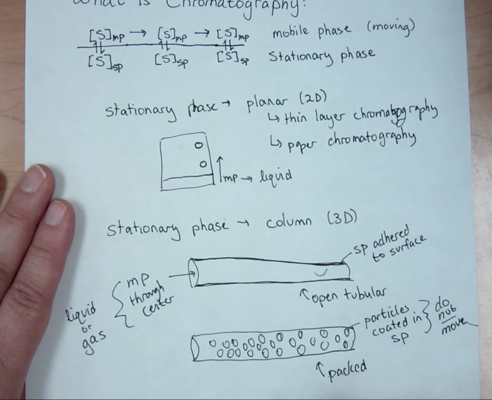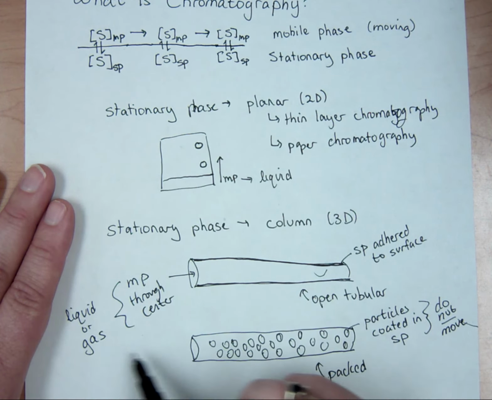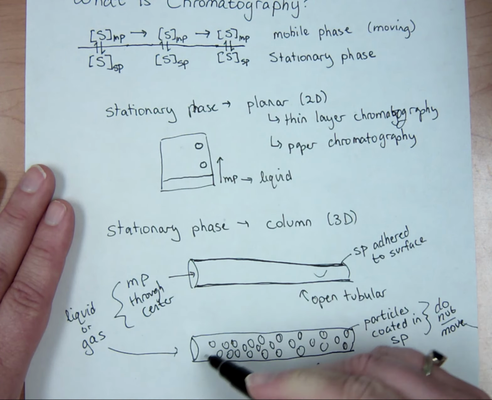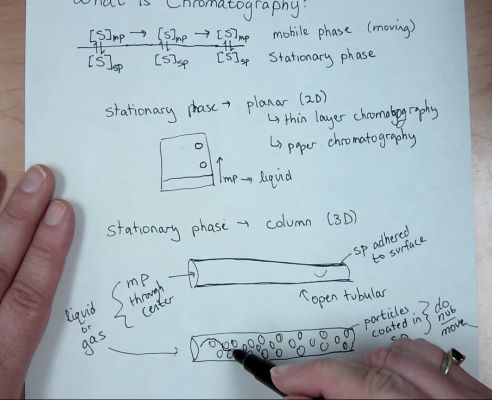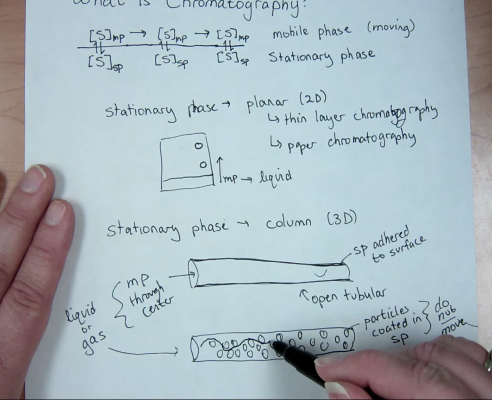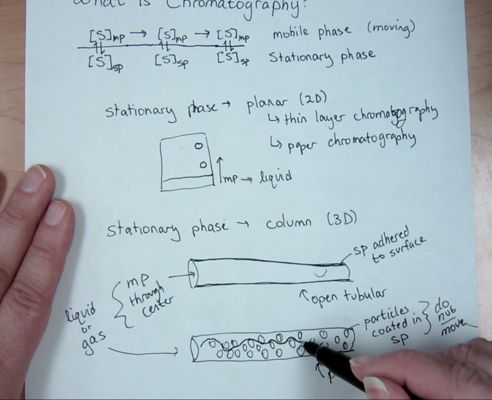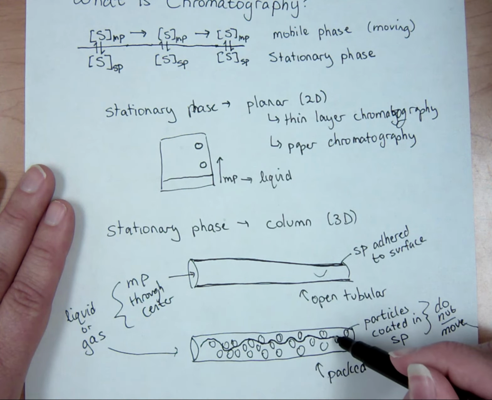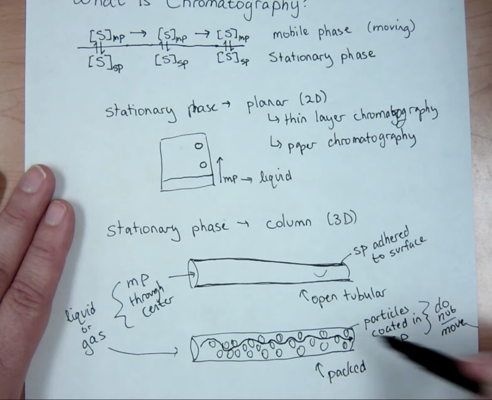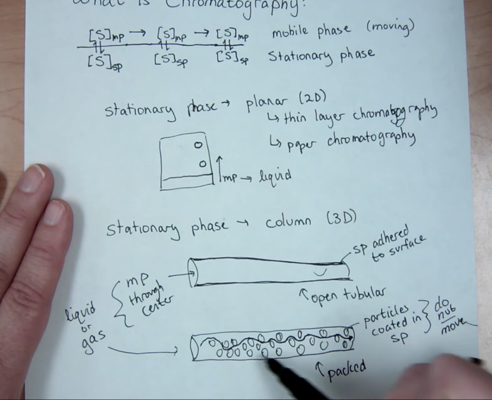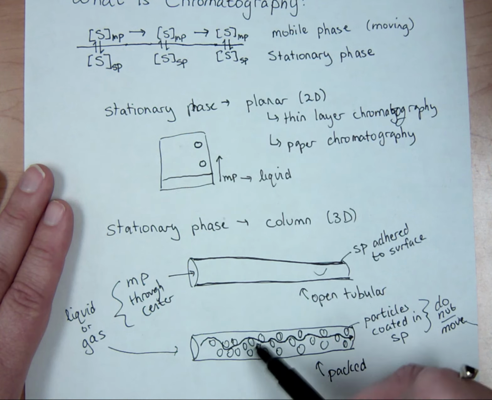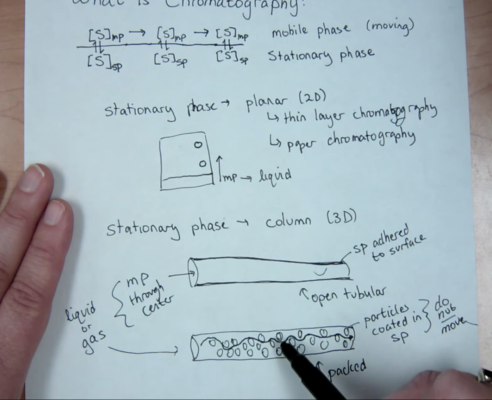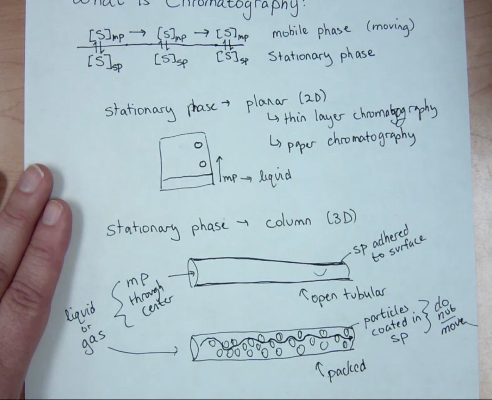Your mobile phase, which can again be a liquid or a gas, is flown all around and can take different paths, moving around all of these particles. And as it moves around, as the analytes move through, then they have interactions with the stationary phase on the surface of the particles.